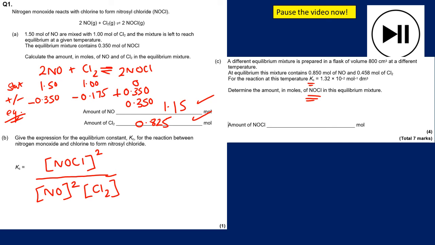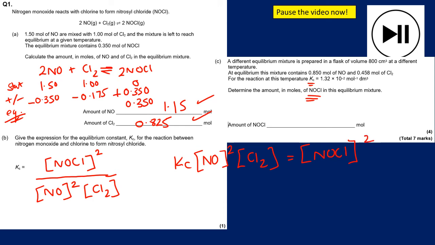So I'm going to rearrange it to get NaCl concentration. If I have Kc multiplied by the concentration of NO squared multiplied by the concentration of Cl2, that's going to be equal to my concentration of NaCl squared.